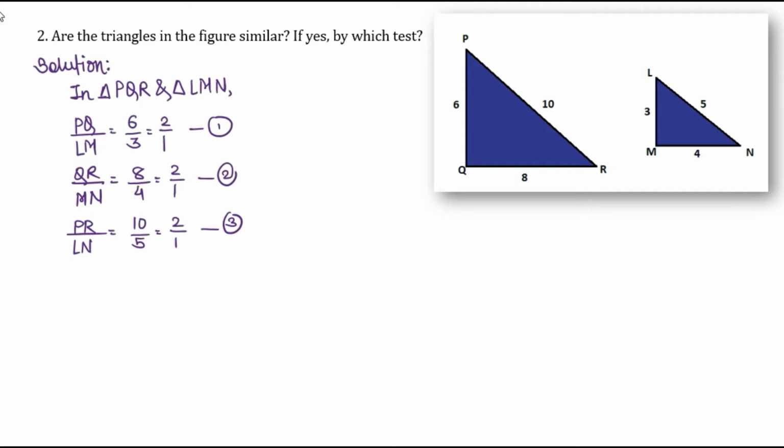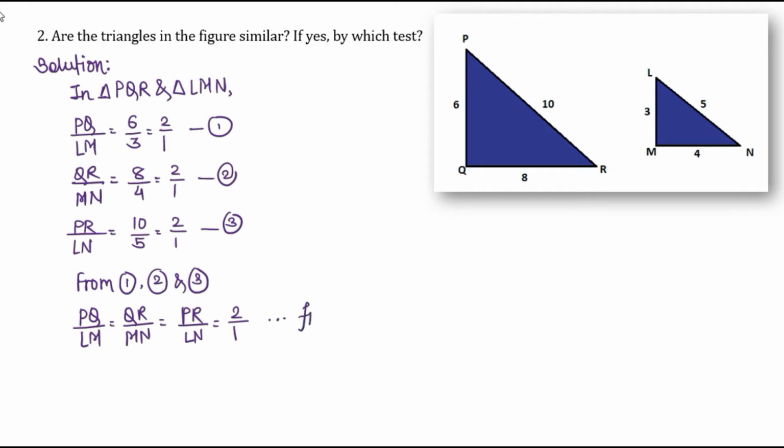So from equations 1, 2 and 3, we can say PQ upon LM is equal to QR upon MN is equal to PR upon LN, which is equal to 2 upon 1.